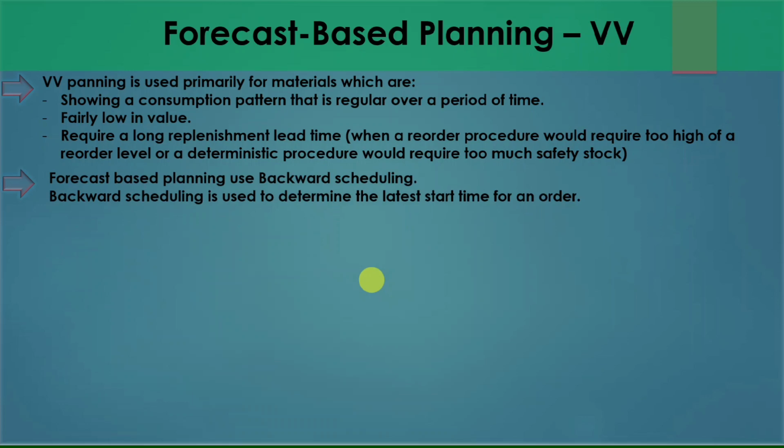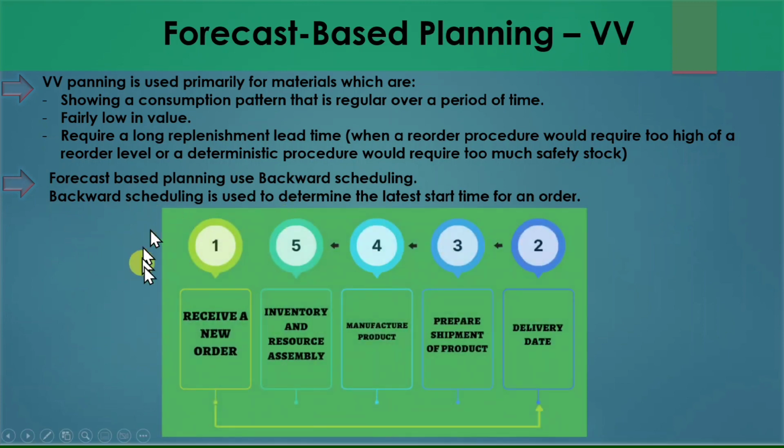In the last video on automatic reorder point we have seen forward scheduling, while forecast based planning is a backward scheduling. So once you decide your order, you see when you want to deliver this order, and according to that delivery or due date you decide when the shipment should be done.